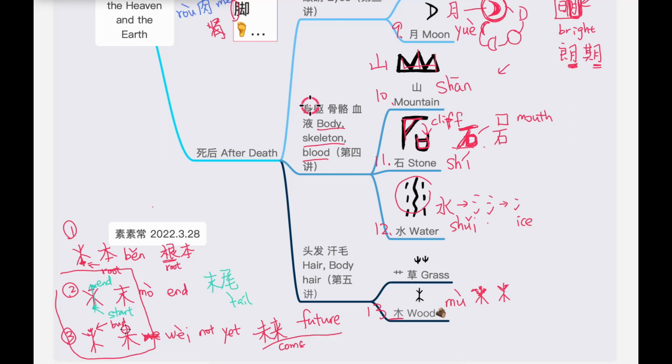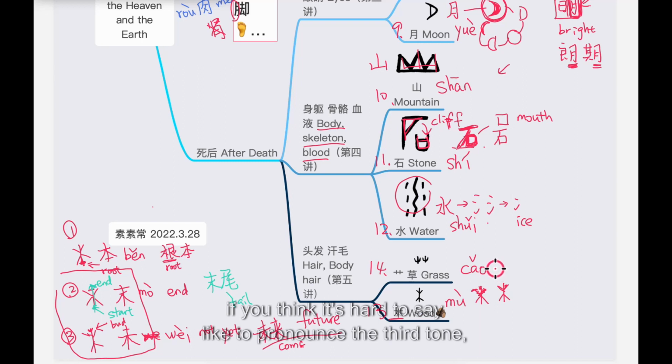Okay. And the last character we're gonna learn today is cao. Cao, third tone. If you think it's hard to pronounce third tone, you just find your lowest voice.